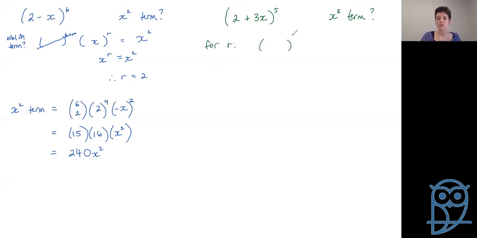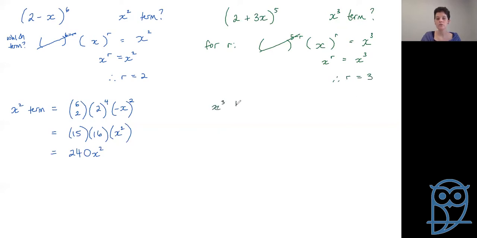First position to the n minus r, 5 minus r. Second position to the r equals, we're building an x cubed. Again, there is nothing in this first position, so we're not going to use the first bracket. The x and his exponent in the b position is just a plain x. So x to the r equals x to the 3, and therefore r equals 3.